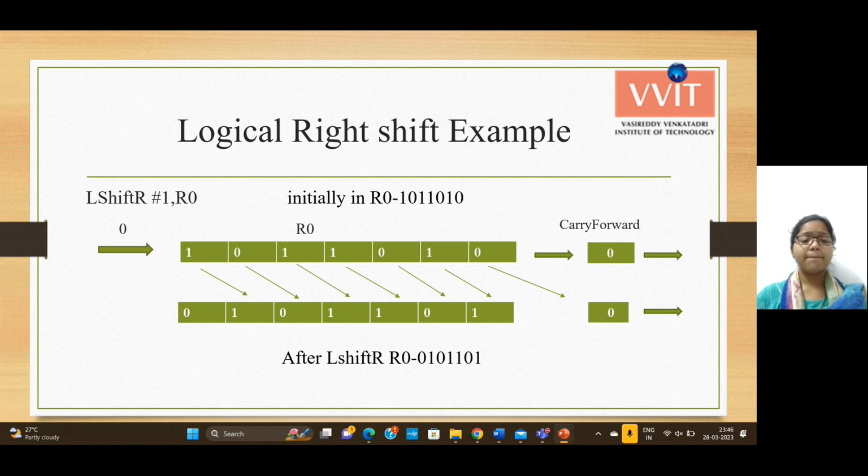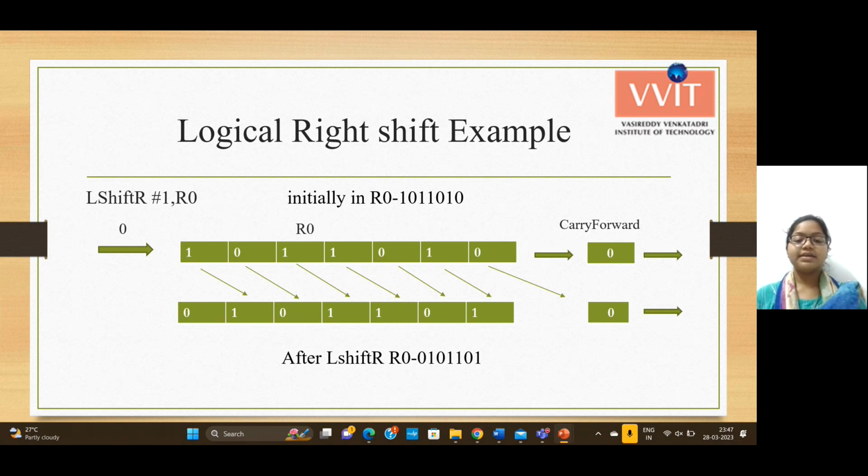Here, the MSB is moved a bit towards right, and then 0 is moved to the right, 1 is moved to the right, 1 is moved to the right, 0 is moved to the right, and 1 is moved to the right. And finally, the LSB, that is the least significant bit, 0, is moved to the carry flag. And this carry is ignored or discarded. Initially, the carry is filled with 0.